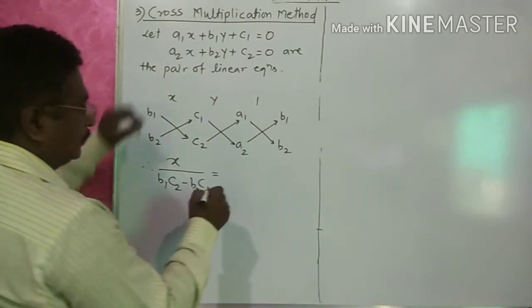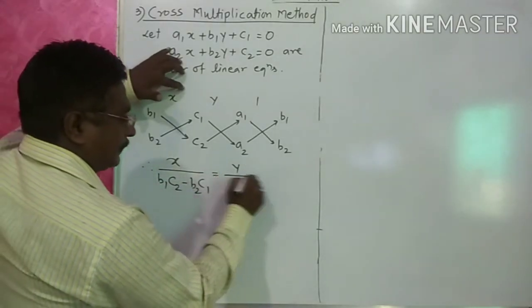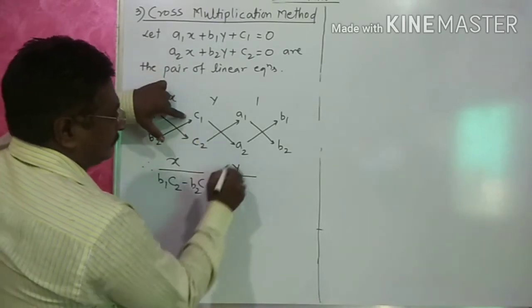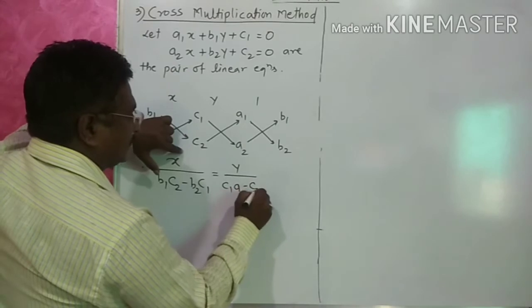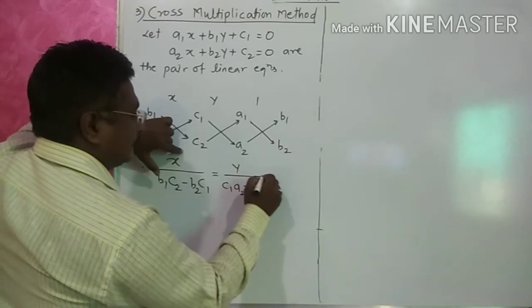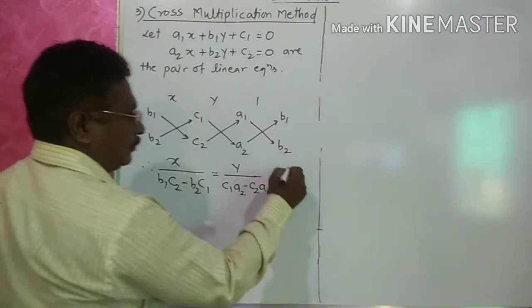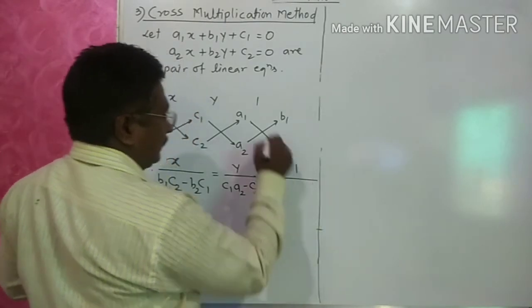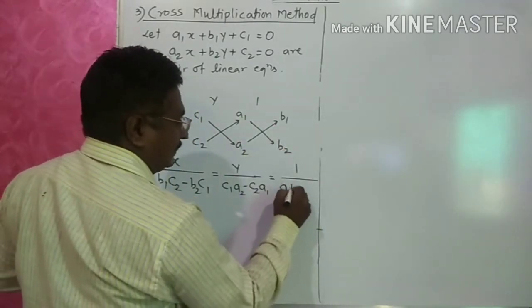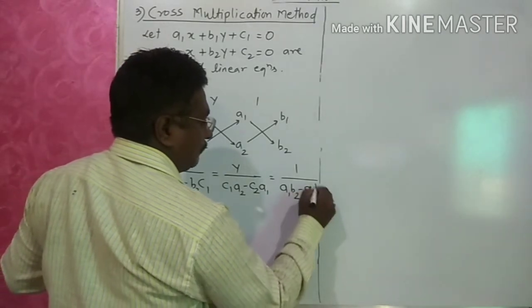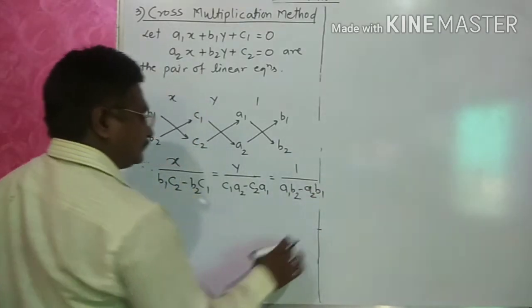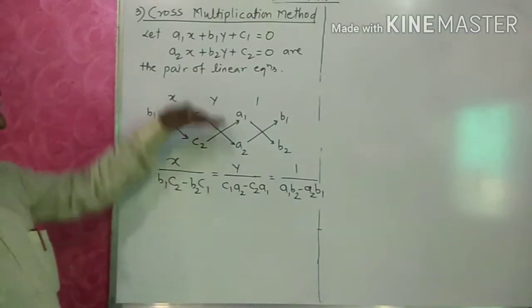Equals, now y by what will we get? c1 a2 minus c2 a1, equals 1 by a1 b2 minus a2 b1. So like that it has to be made.